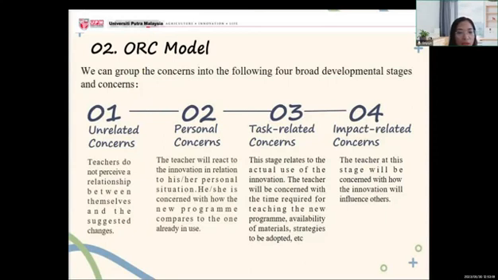The teacher at this stage will be concerned with how the innovation will influence others. When working with the ORC model, we must deal directly with the concerns at stages 2, 3, and 4 in order to serve the purpose for which the change is effected.